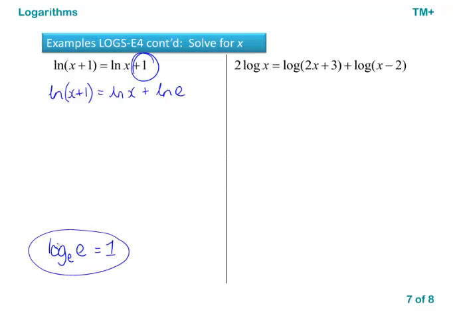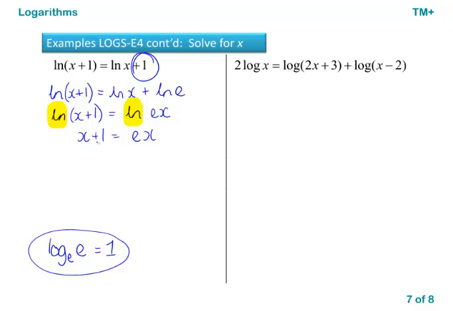Okay, so from there I can now combine these two logs on this side. We're adding, so I can rewrite it as ln of ex. So e is being multiplied by x. Now the natural logs match, so I can say, well, x plus 1 must equal ex.